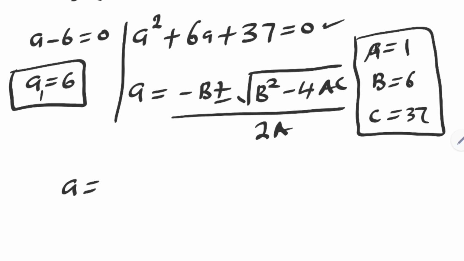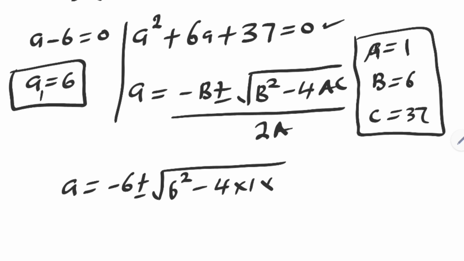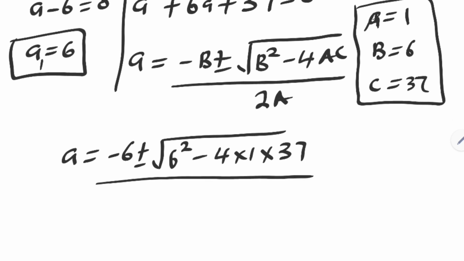A is equal to minus 6 plus or minus square root of 6 square minus 4 multiplied by 1 multiplied by 37 divided by 2 multiplied by 1.